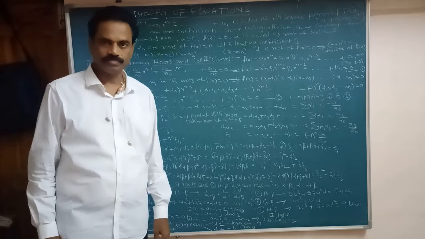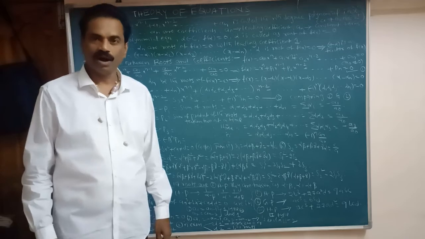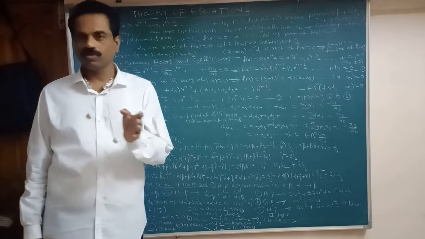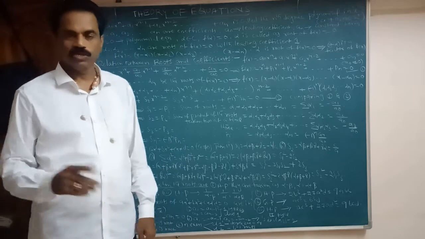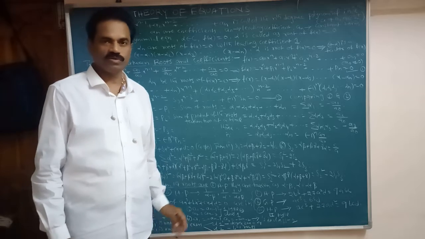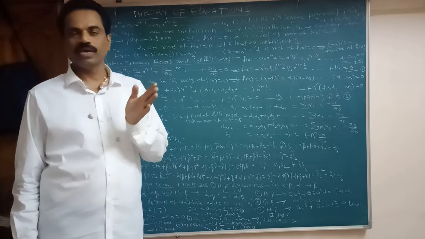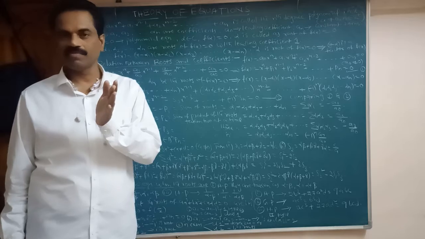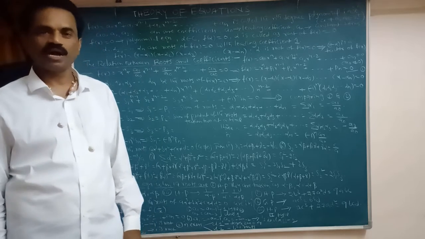Here alpha 1, alpha 2, alpha 3, and so on alpha n are the roots of this equation. So its factors are x minus alpha 1 into x minus alpha 2 into x minus alpha 3 and so on x minus alpha n.